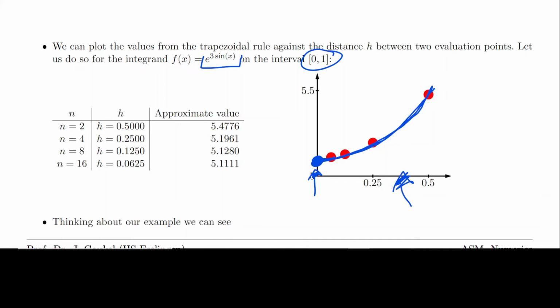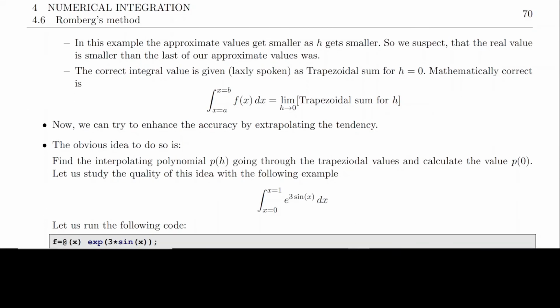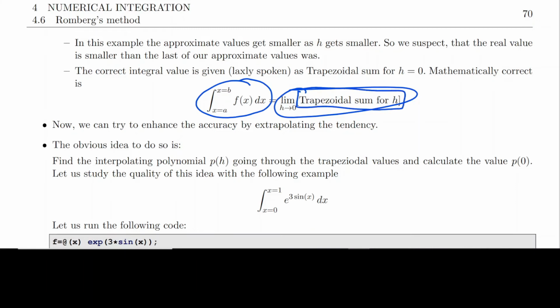And this is that idea. We know from the trapezoidal rule that if h is chosen smaller and smaller, then the trapezoidal sum for the corresponding h converges to the correct integral value.